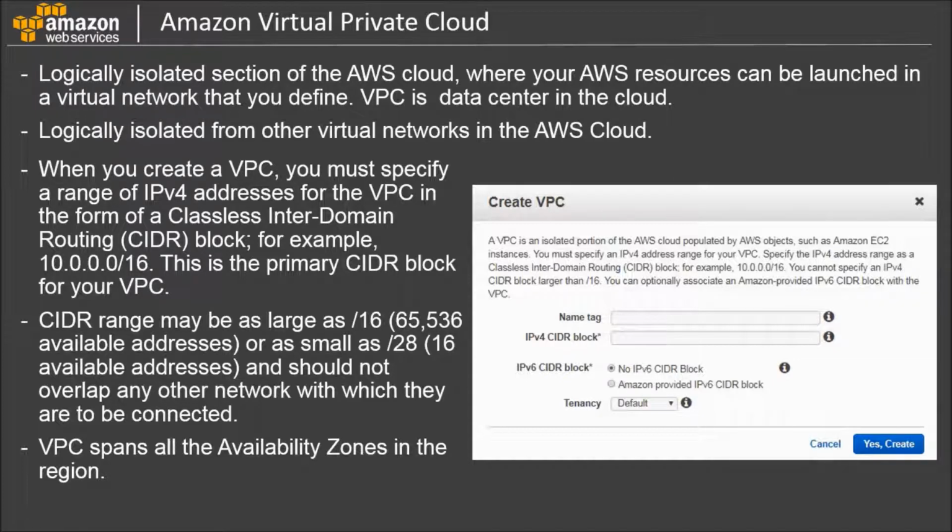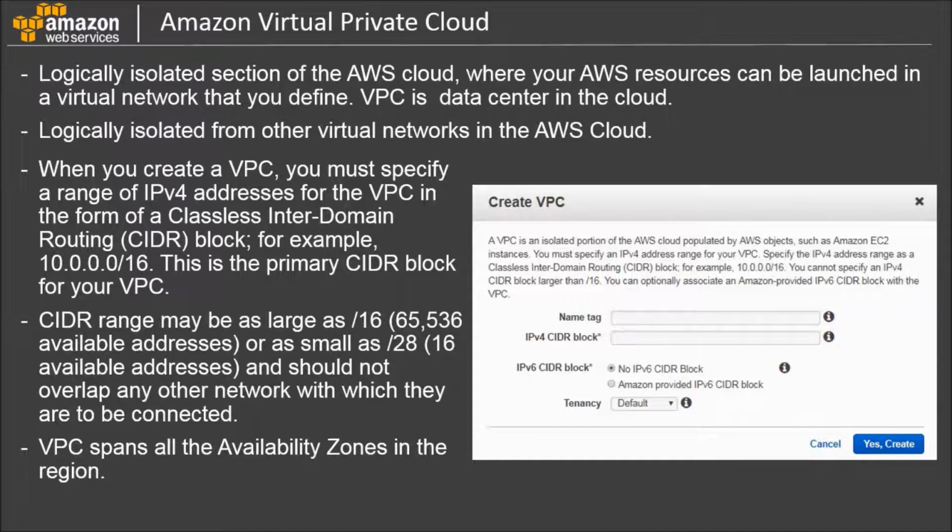If you select dedicated, then instances launched in this VPC are dedicated tenancy instances, regardless of the tenancy attribute specified at instance launch. If default is selected, then instances launched in this VPC use the tenancy attribute which has been specified at instance launch.